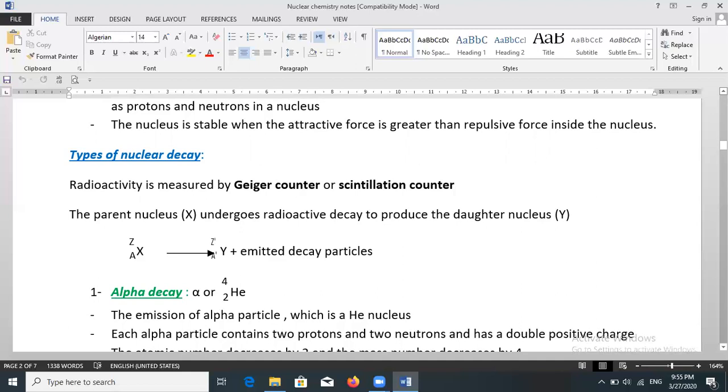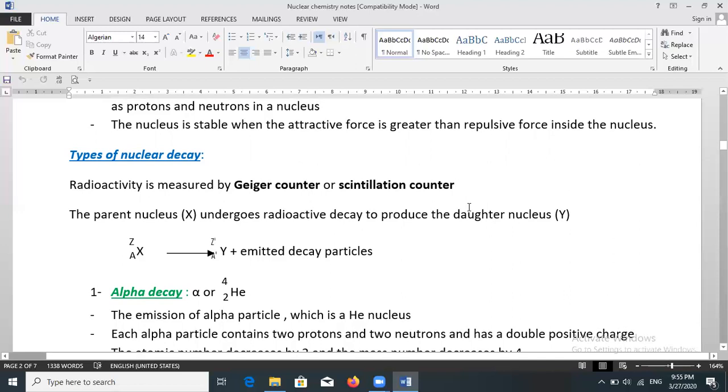These elements get out the extra energy in the form of radiation. We measure this radiation by something called a Geiger counter or scintillation counter.